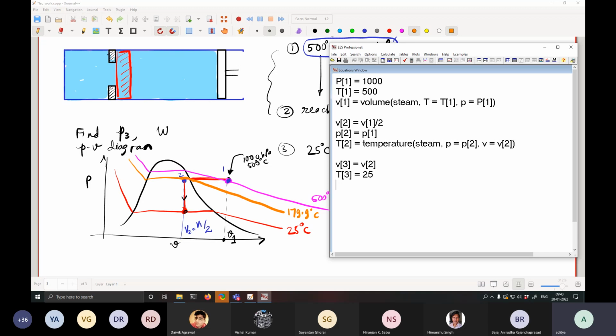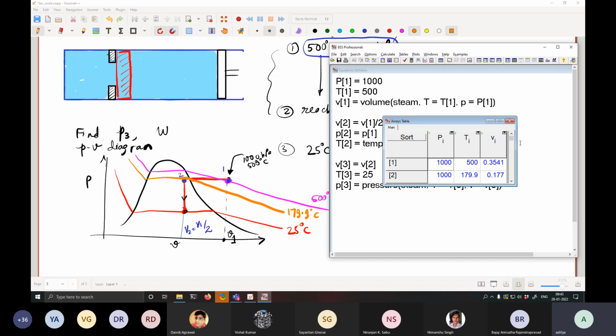So let's correspondingly find what P3 is going to be. P3 is going to be pressure, steam, T equal to T3 and V equal to V3. So let's see what it is. P3 comes out to be 3.169 kilopascal.